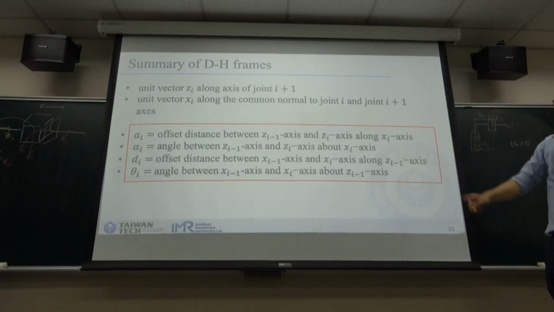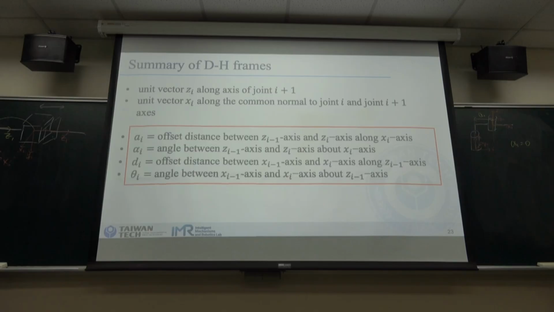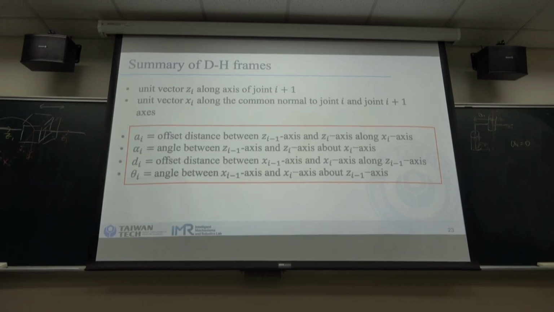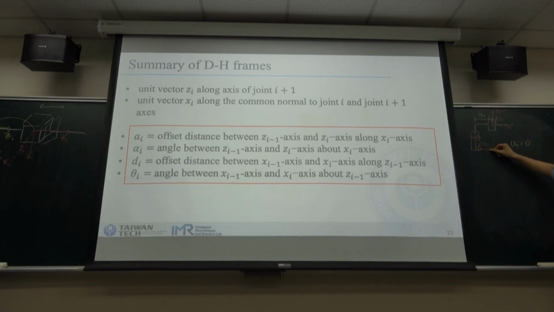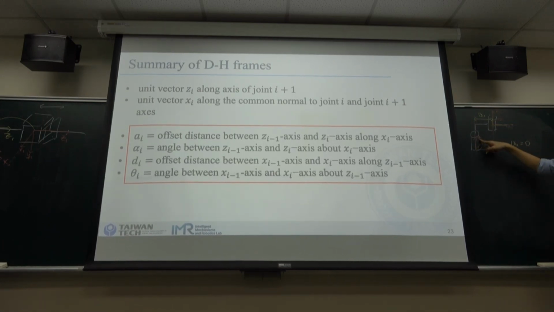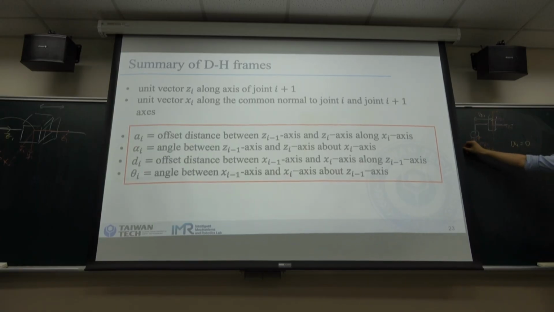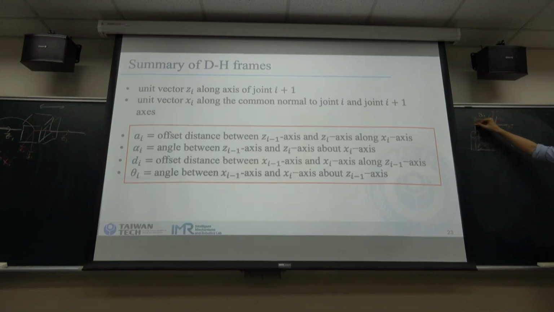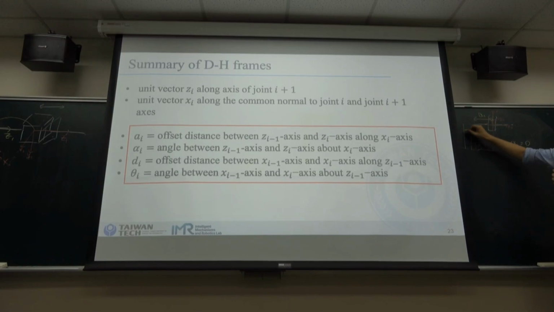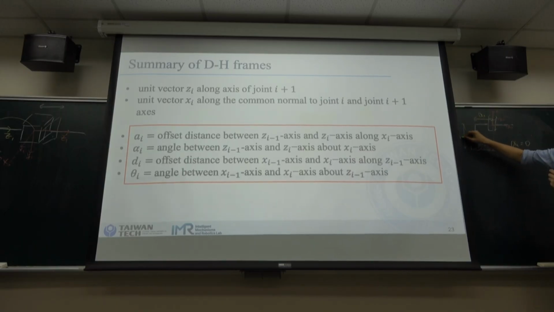And number 3 is D. It's the offset distance between the x_{i-1} axis and the x_i axis along the z_{i-1} axis. So it's the x0 axis and x1 axis along the z0 axis. So we calculate the distance between this axis and this axis along z0. So this is D1.